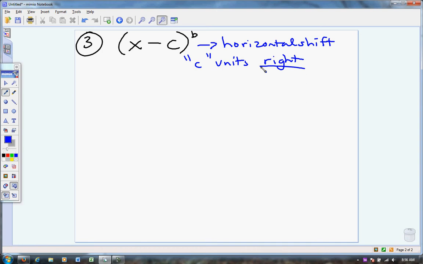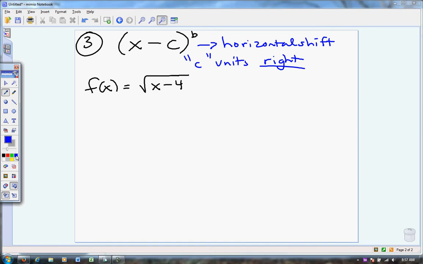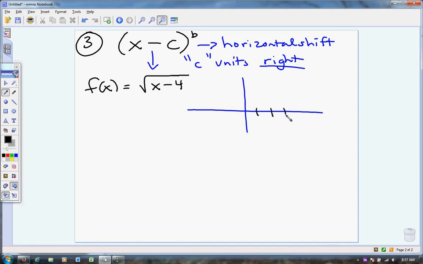So, for example, let's use a different function than the quadratics. Let's say that I had the square root of x minus 4, and I wanted to know where that got moved. Well, it's just like my rule up here. I'm going to take the parent function, which, remember, the parent function of the square root function looks like that.